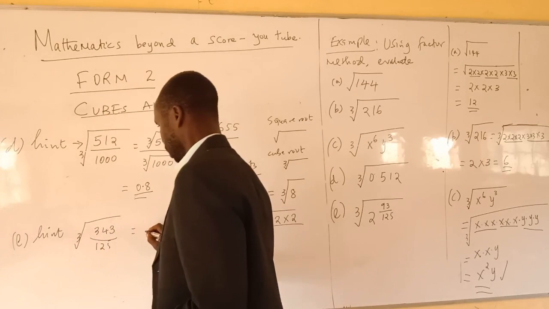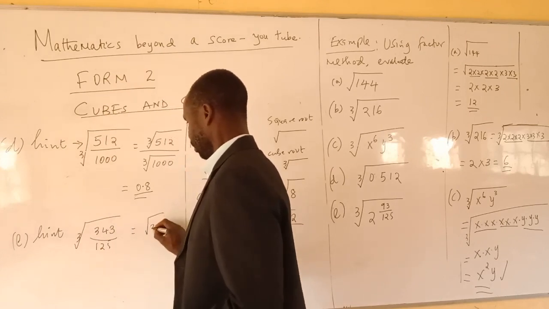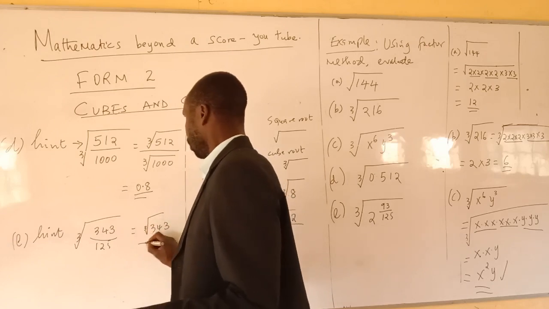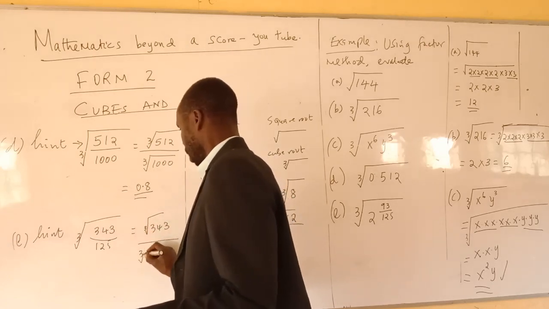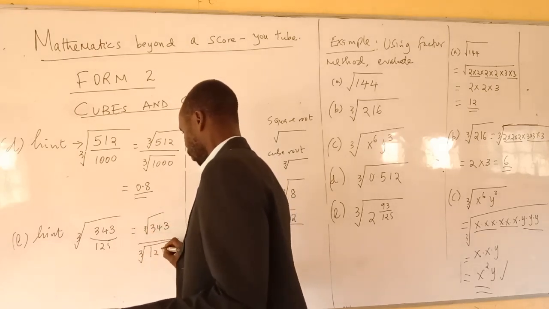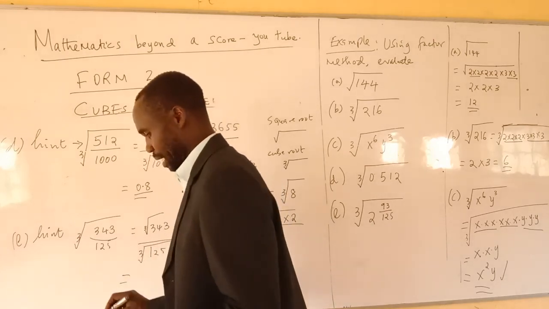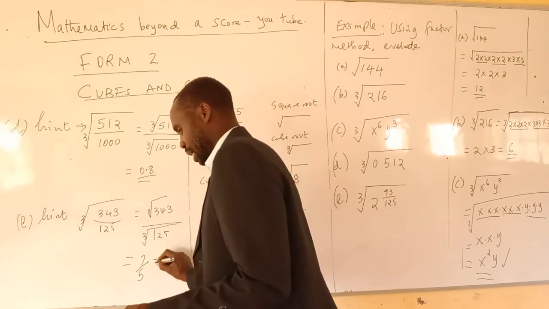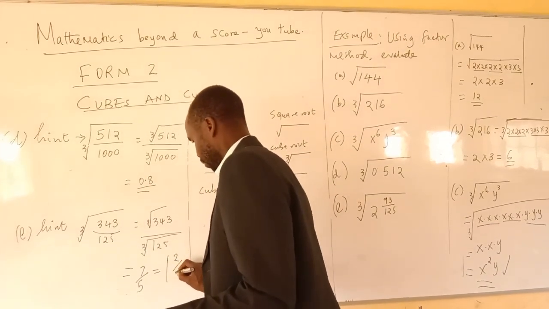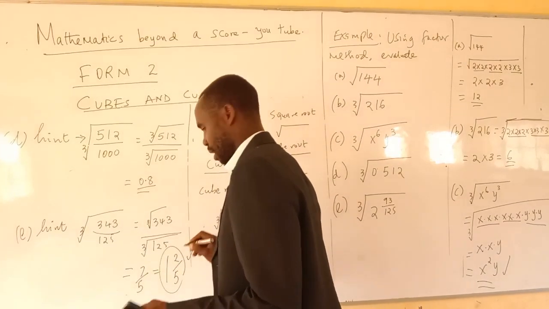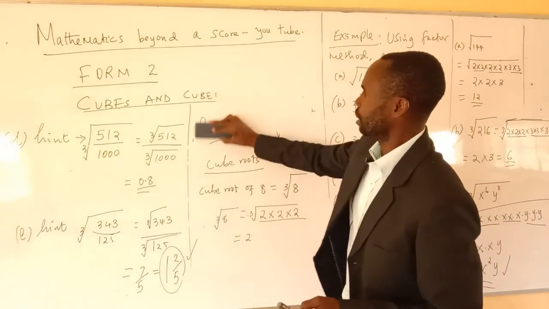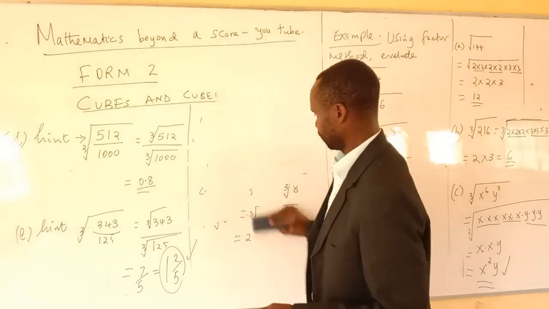So you calculate the cube root of 343, which you can get easily, over the cube root of 125, and you will get the answer as 7 over 5. 7 over 5 will give you the answer as 1 and 2 over 5. This is what our examiners want. They don't want an improper fraction, they want a proper fraction.